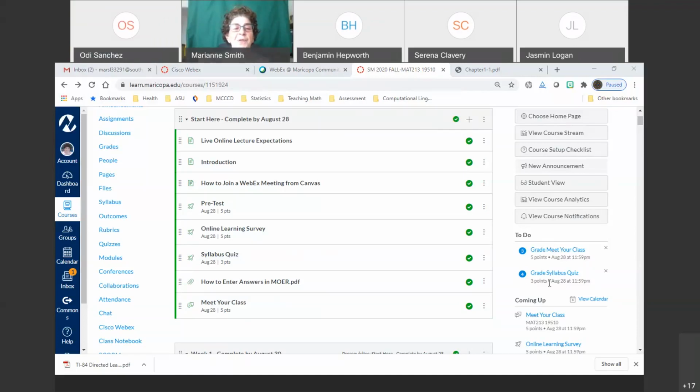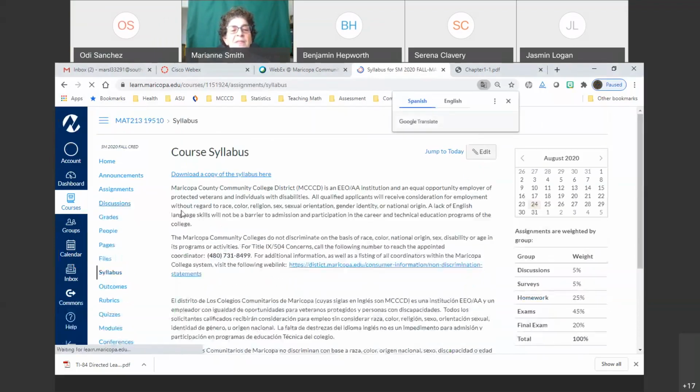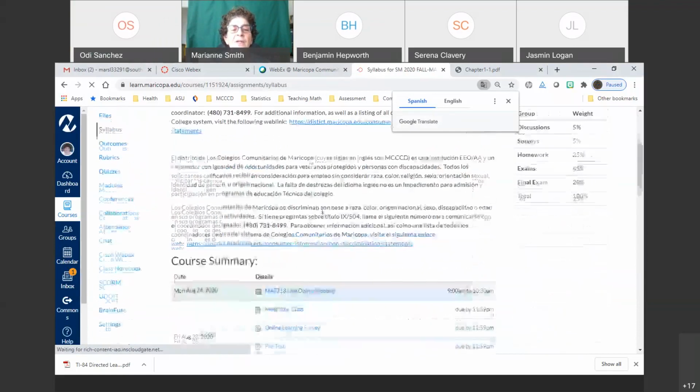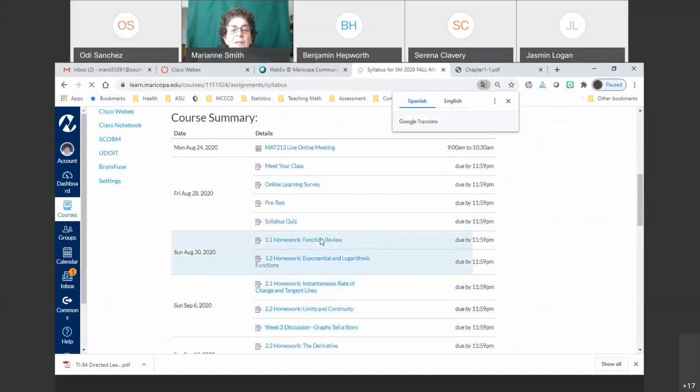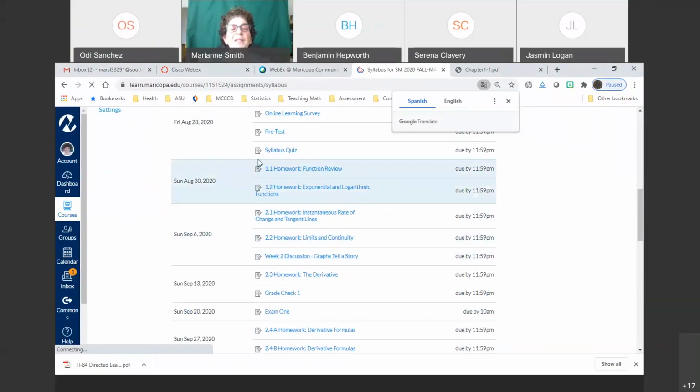Okay, so far so good. If you look at the syllabus, there is a schedule at the back of the syllabus. I'll see if I can get over there so you can see it. You can download a copy here, and then here's everything laid out by date. You can see that we're going to be doing 2 sections this week.